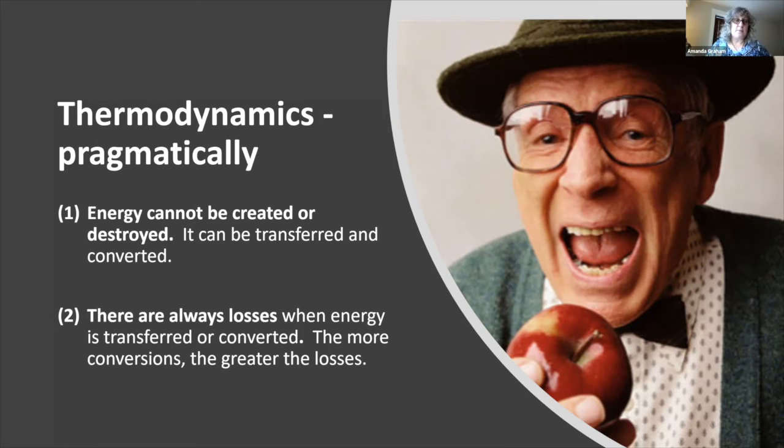Second law of thermodynamics is that when we do that conversion or that transfer of energy from one source to another, from one form to another, there's always a loss. The more times that you convert that energy, so if you're burning a fuel and then turning a turbine, the more times that you are manipulating that energy between the source and the use, the more losses you will have.